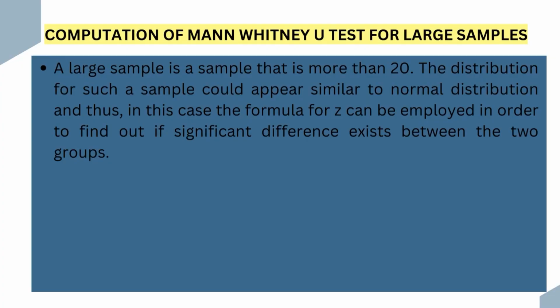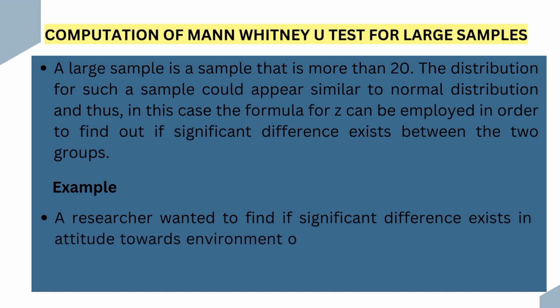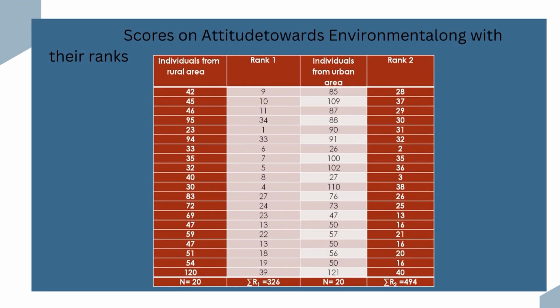Let us now try to understand the computation of the Mann Whitney U test for large samples with the help of an example. Suppose a researcher wanted to find if a significant difference exists in attitude towards environment of individuals in rural and urban areas. The data collected is given in the following table, table number 1.5, and scores on attitude towards environment along with their ranks are computed and given.